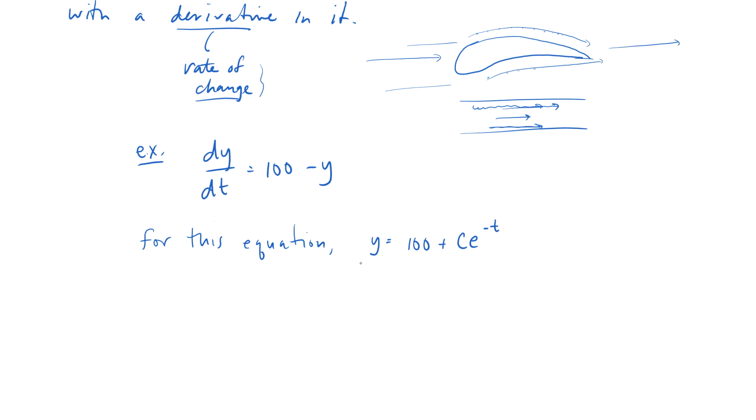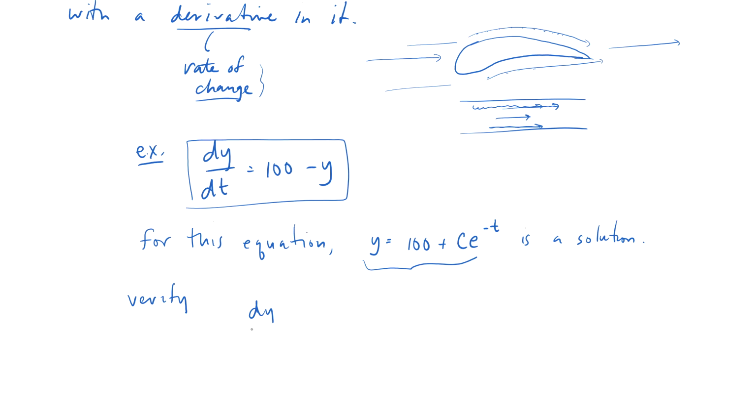So this right here, for this equation, is a solution. In other words, this makes the equation true. Okay, let's verify. Let's look at what dy/dt is. The derivative of 100 is 0.